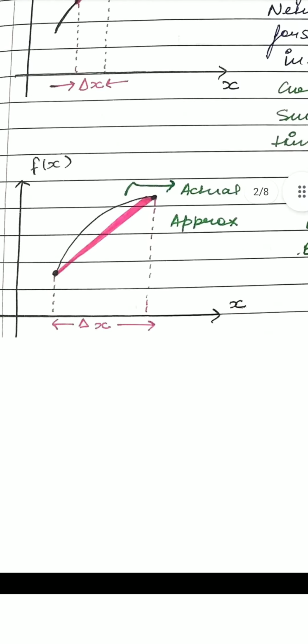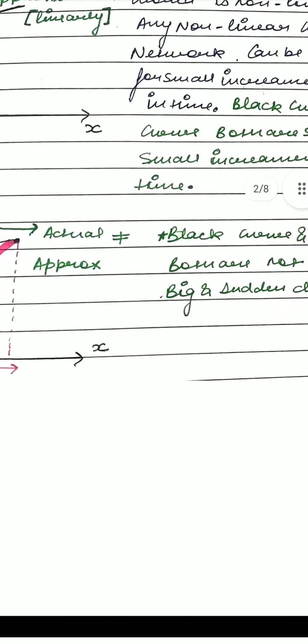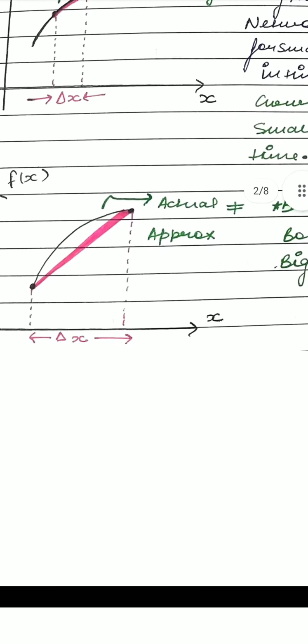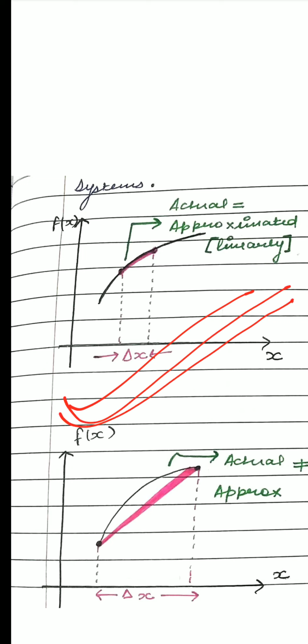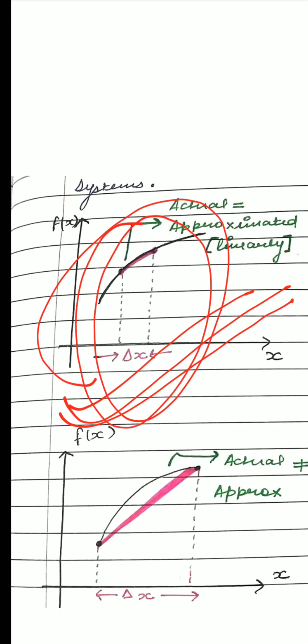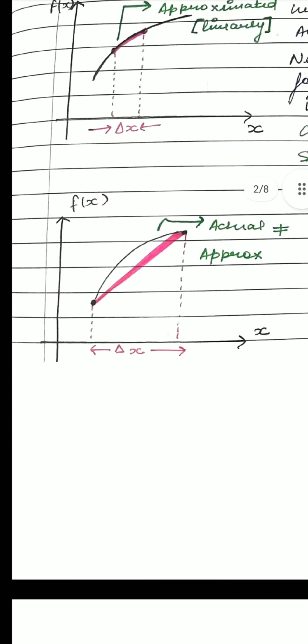Therefore the curve is non-linear in nature. We have to do the non-linear analysis, but non-linear analysis is difficult. That's why we are going with this approximate analysis. That is, we take small incremental changes in time, and then convert any non-linear network into a linear network.